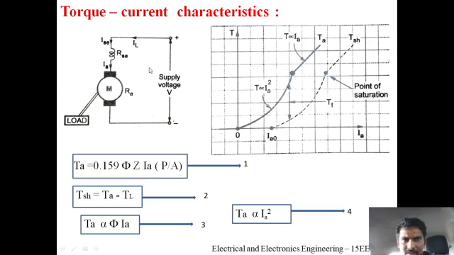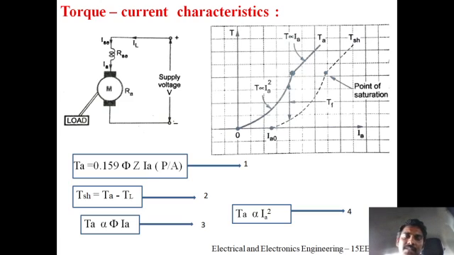For this type of motor, what happens if the load is varied? For analyzing that, let us go to the graph. Here in the graph, on the y-axis it is represented by torque. On the x-axis you have current, therefore it is called torque current characteristics. Already we have discussed torque in the last session.